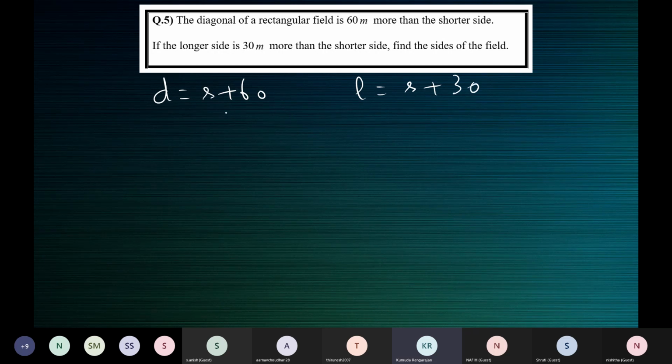Children, you can even call the diagonal as x. If you call the diagonal as x, the diagonal is shorter side plus 60, so the shorter side will be x minus 60. Supposing you call the diagonal as x, then you should find the shorter side in terms of x. You can take only one variable, one unknown. All the others you should find in terms of that unknown.